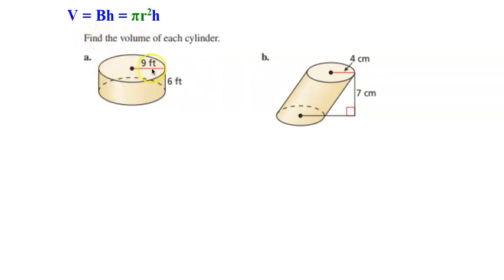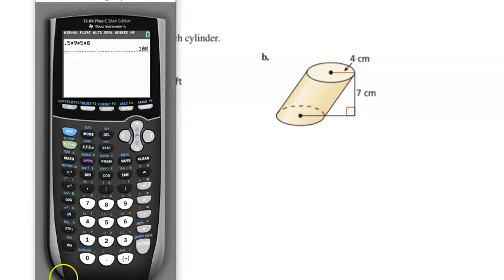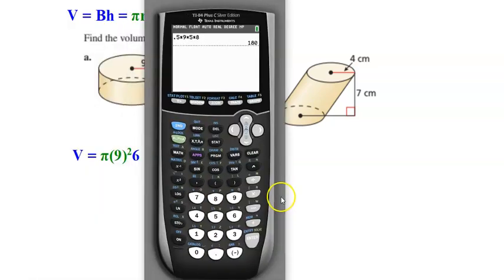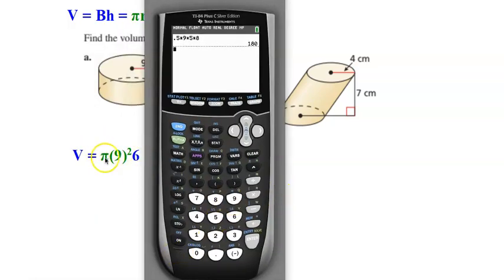Problem A. We've got our formula up here, pi r squared h. R is the radius, h is the height of the cylinder, so we're just going to plug this in. Volume is pi times 9 squared times 6. I'm just going to ignore the pi for right now.